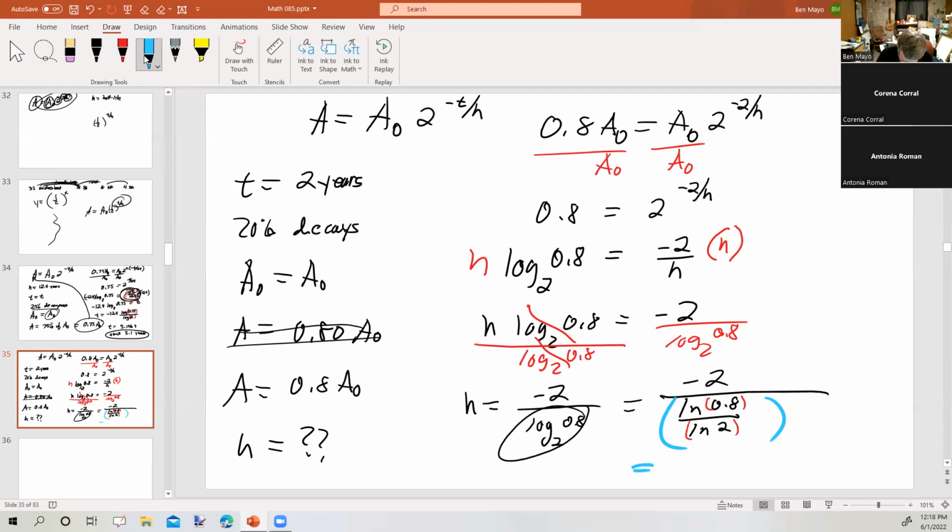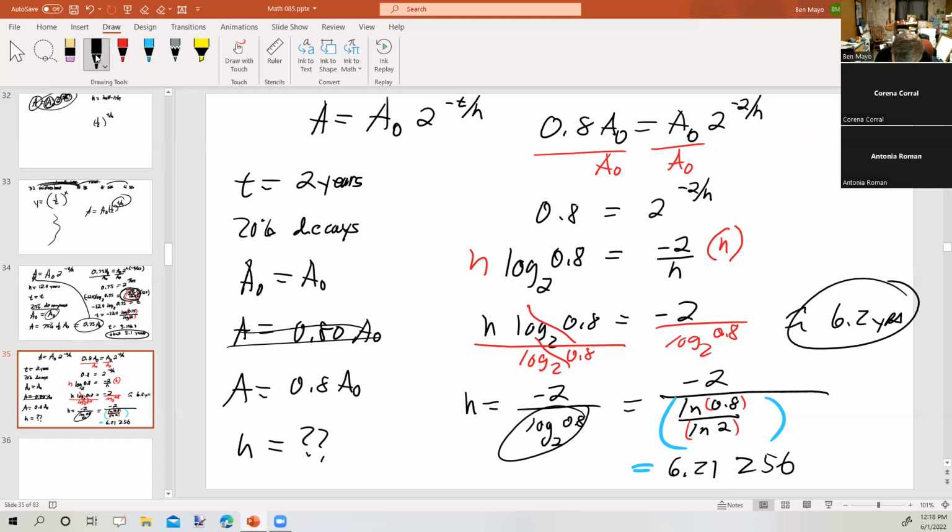And I get 6.21256. Let's see, what does it say? They do it to the nearest 10th of a year, so approximately 6.2 years. You okay with this? Yes. All right.